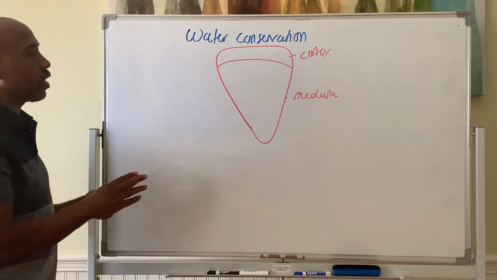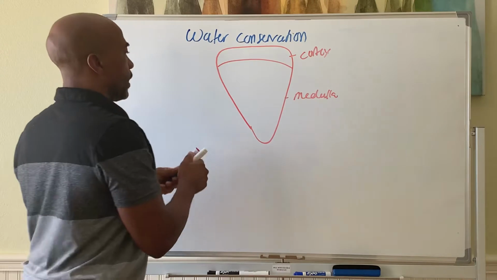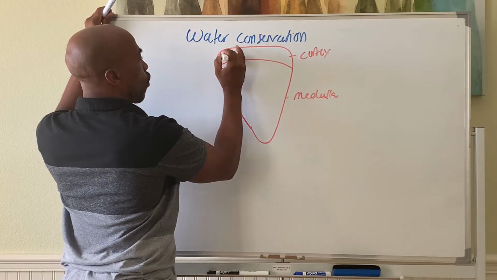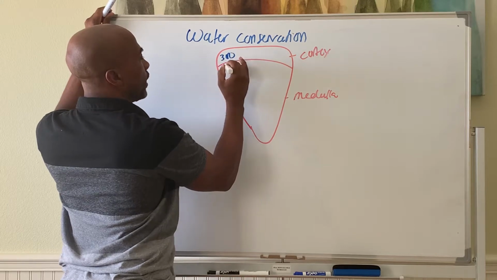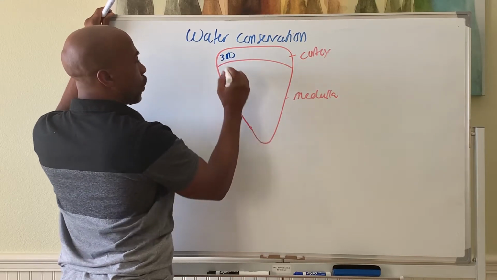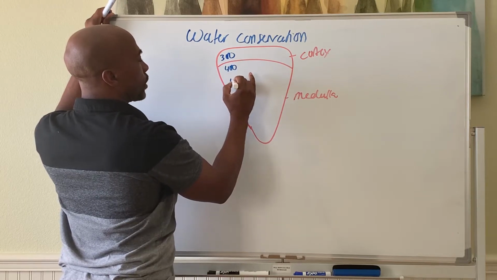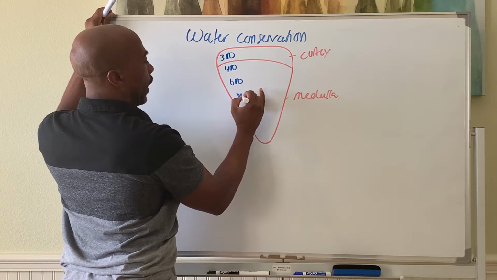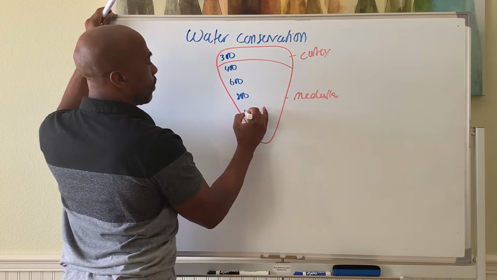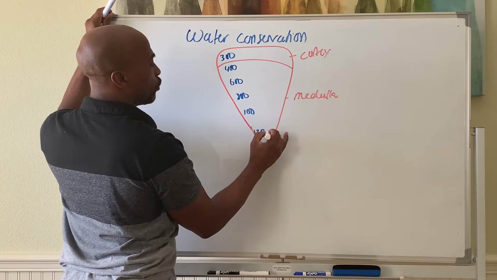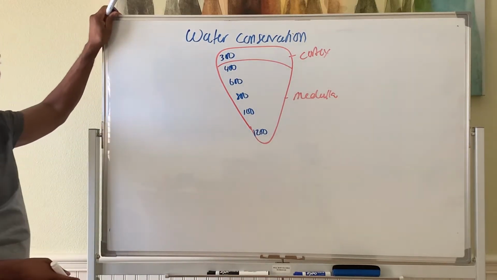As you cross the medulla, the osmolarity changes. It begins here in the cortex at 300. Once you enter the medulla, you get around 400, maybe 600, 800, 1,000, and at the very tip it's about 1,200 milliosmolar.